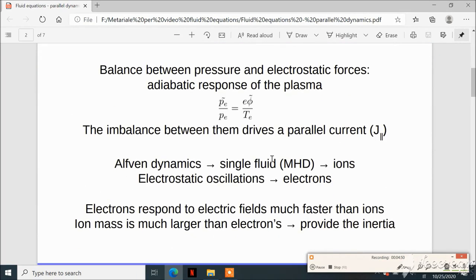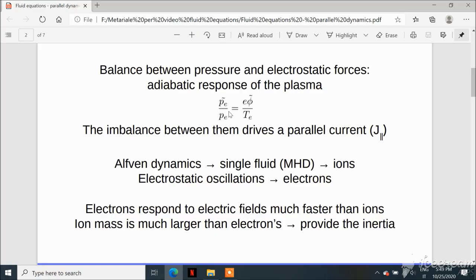So a first effect which we must take into account is the balance which takes place typically between the pressure and the electrostatic forces. This force tends to basically bring back the plasma to neutrality. So this is the so-called adiabatic response of the plasma, and it typically takes place on fast time scales.